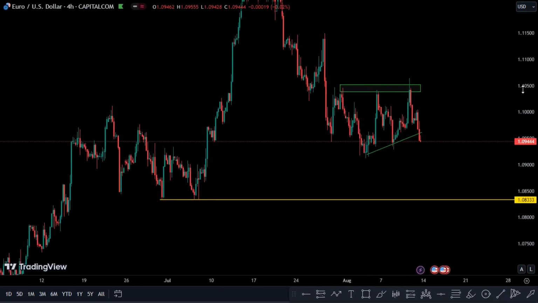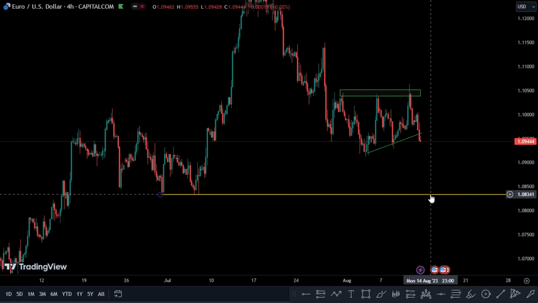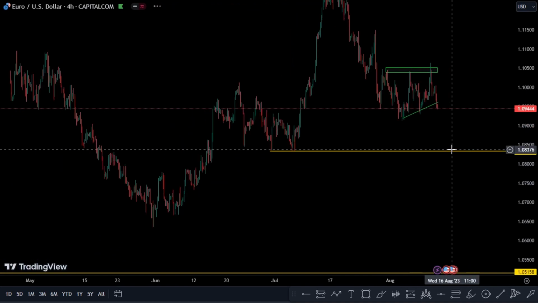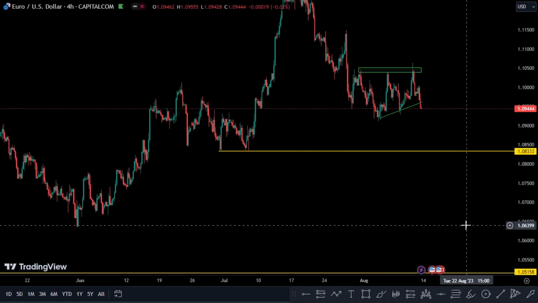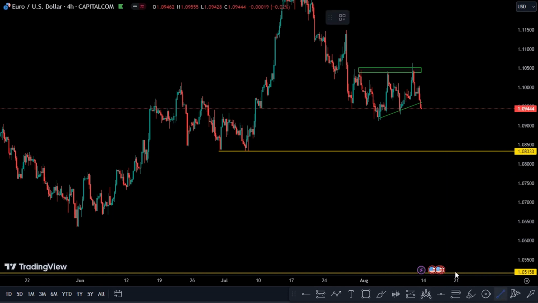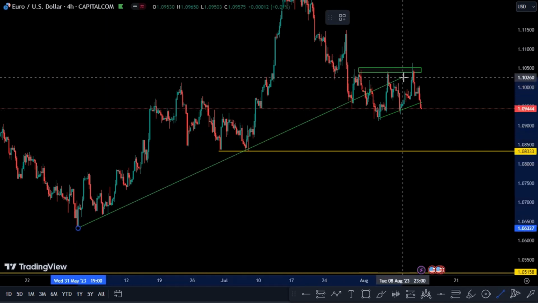So we are bearish bias on EU up until this area right here. And then should we break this area, we're going to be anticipating it to push all the way to this structure right here, if you look at it from this perspective.